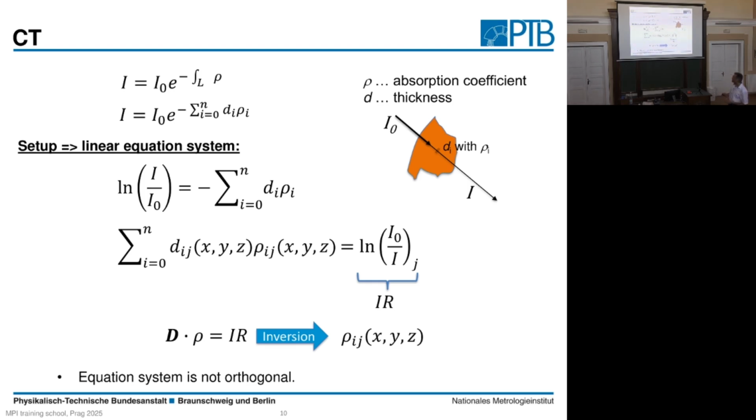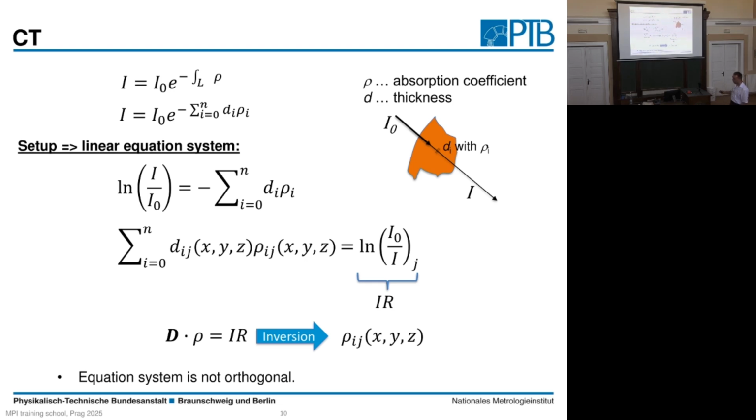For X-ray, we have the intensity defined by the starting intensity multiplied by the exponential function of minus the line integral over rho, and rho is the absorption coefficient.